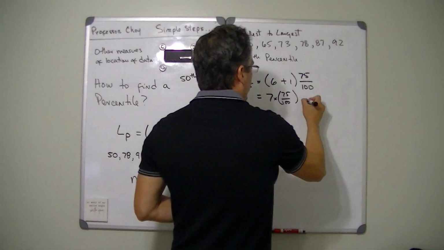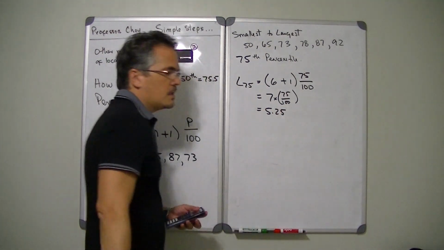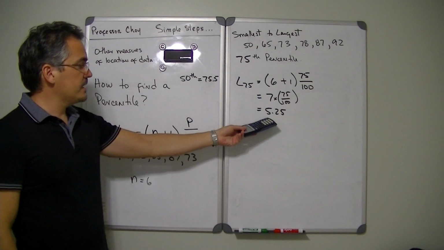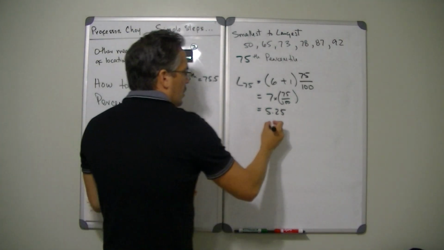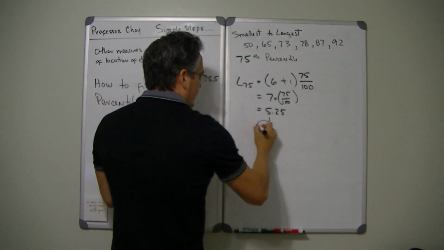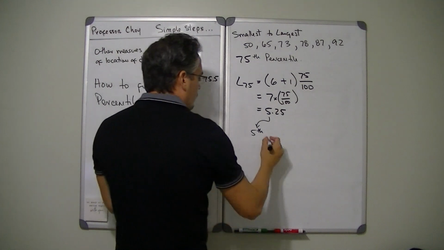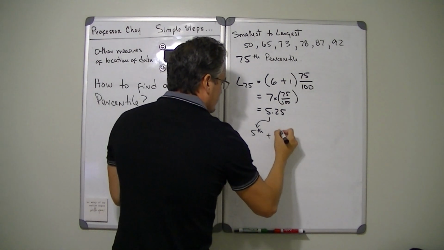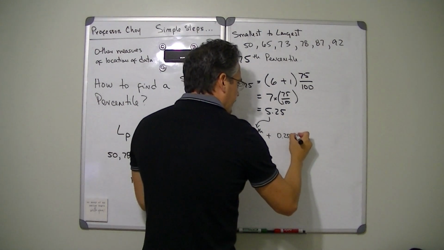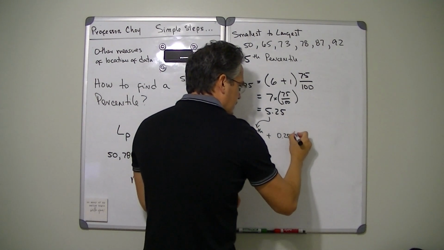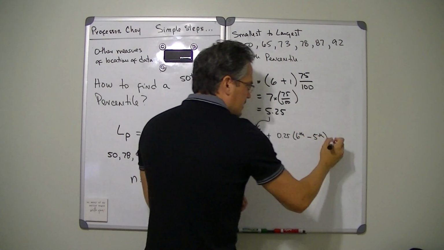Okay, so we got, in this case, 5.25. Now remember, this 5.25 is not the answer. This gives us a location in the data. So we're going to go to the fifth number on the list, and then we're going to add 0.25 of the way between the next number on the list, which is the sixth number, and the fifth number on the list.